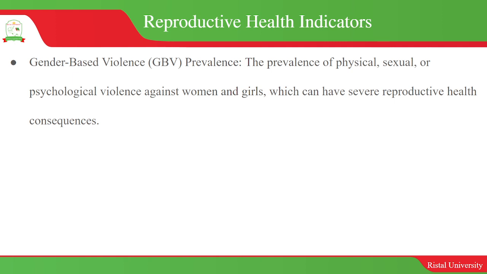Okay, it tells us the extent to which we have issues to do with reproductive health consequences, severe reproductive health consequences. If you have a high prevalence of sexual gender-based violence, it's likely that you're going to have numerous reproductive health consequences which are negative.